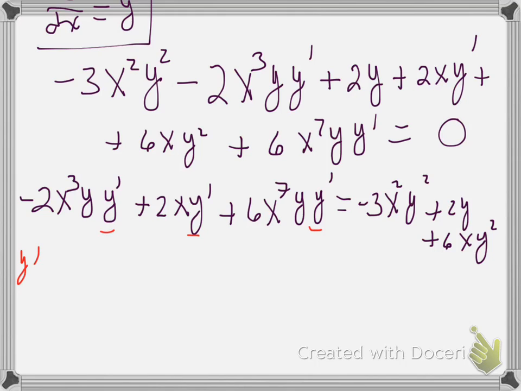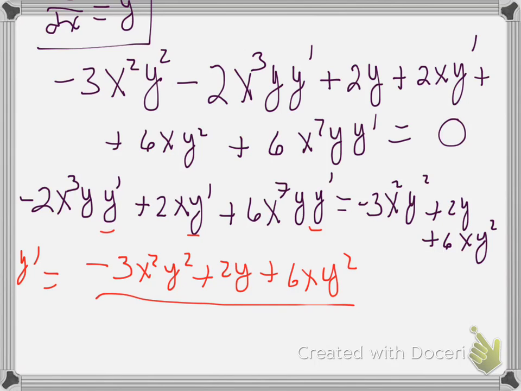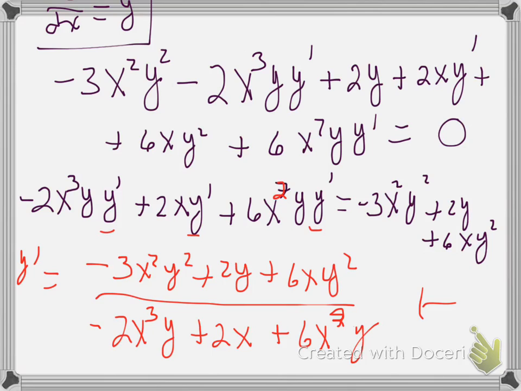So y prime is going to equal, I'm going to do this all in one step, negative 3x squared y squared plus 2y plus 6x y squared over negative 2x cubed plus 2x plus 6x squared. No, that should be x squared y. Okay. And if you can do all of that, you will be in great shape.